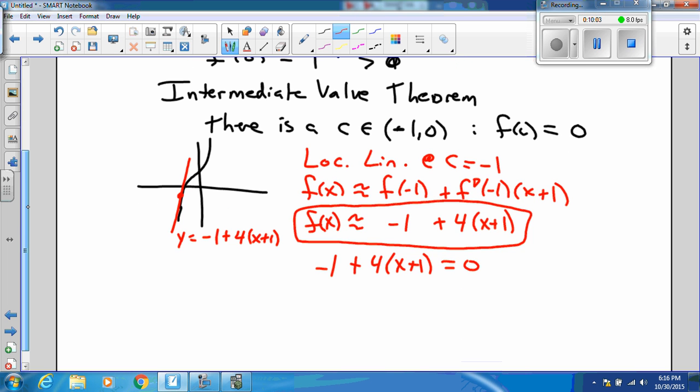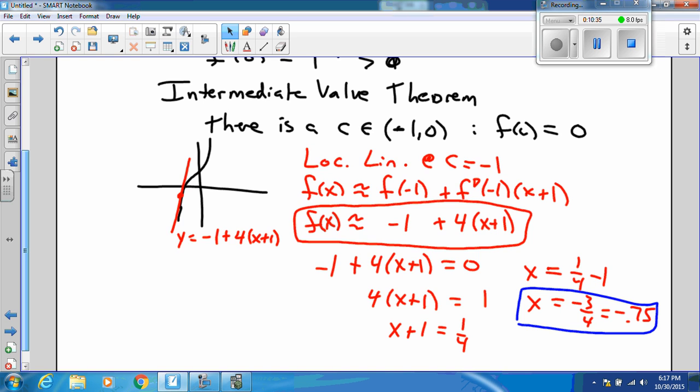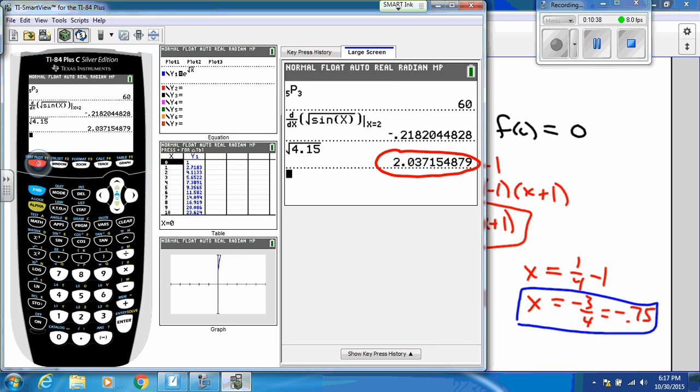So if I take my local linearization, set it equal to 0, then solve for x, and I can do all of this in my head. I mean, not in my head, I'm doing it on paper here, but still, I can do all of this by hand calculation without having to resort to a calculator, and I get a very good estimate for the 0 of f of x.